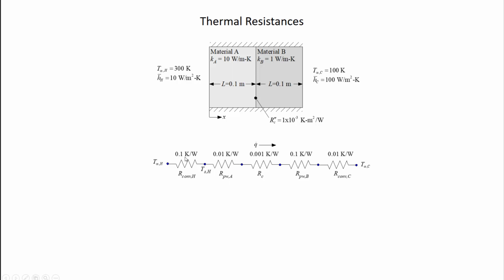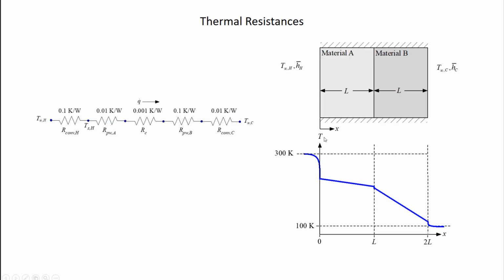So it's on the same order as the convection. I'll get a pretty big temperature drop here, and then this convection resistance is small, so it's not very important. If I were to look at the temperature distribution, it might look something like this. I'm getting a big temperature drop here, not much of one here, nothing here at the contact, a big temperature drop here, and then nothing over here due to convection.